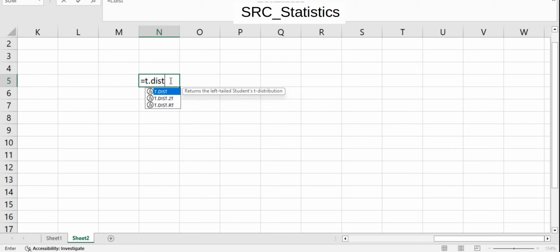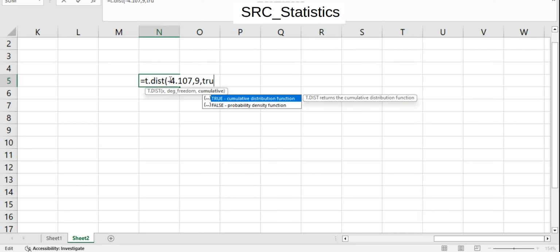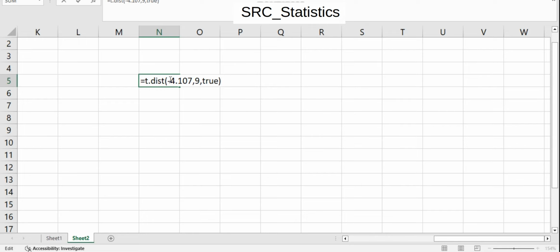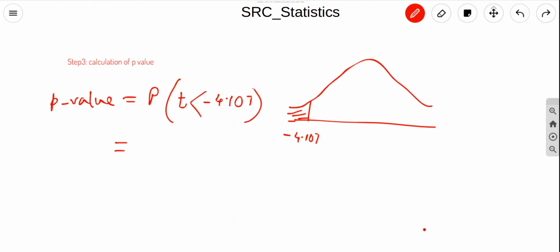Since our test is a left tail test, we shall use T.DIST. Then negative 4.107, and the degrees of freedom was 9, and then this is cumulative, so we put TRUE. The p-value comes out to be 0.00132. So we write down the p-value here, 0.0013. So this is the p-value.